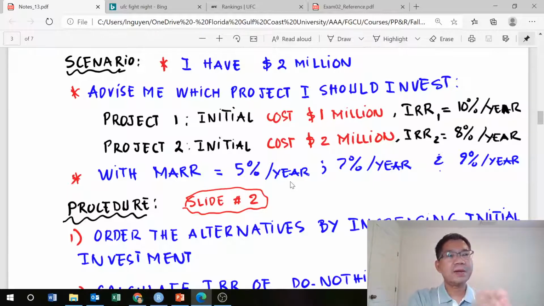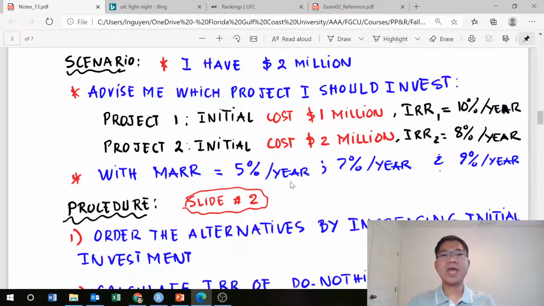That 1 million times 5% means 50,000. So if I go with project 1, the first 1 million in project 1 gives me $100,000 per year. The 1 million left I put in the minimum attractive rate of return, I get 50,000. The total I get if I go with project 1 is $150,000 per year in return.